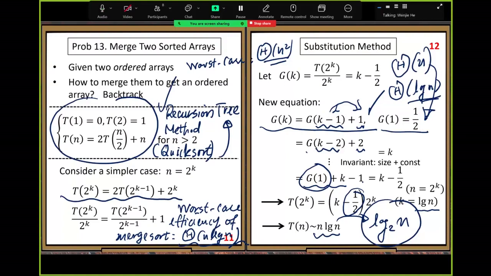The best you can do is n log n. Let's say in this way, for part F, I will show you that nobody can do better for the worst case than n log n. N log n is the best people can do for the worst case.